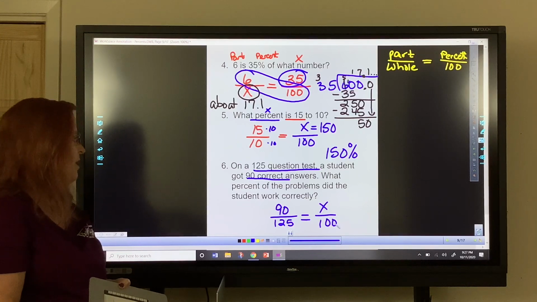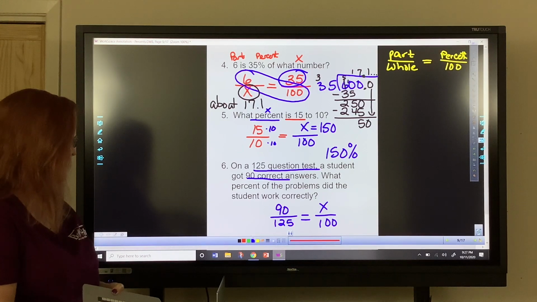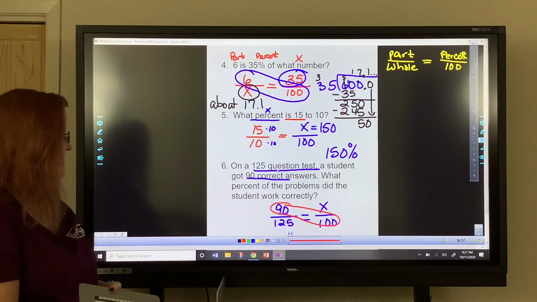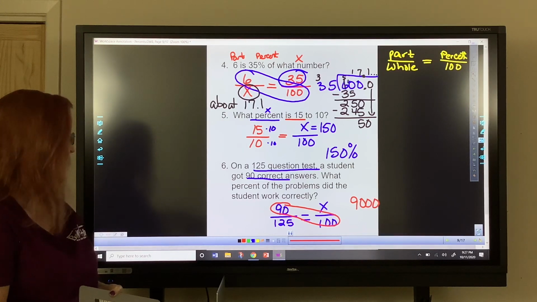And so I'm going to work this one out. So 90 times 100 is 9,000. Just add the two zeros. And then I'm going to divide by 125.